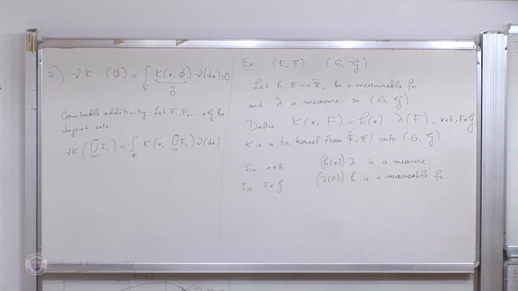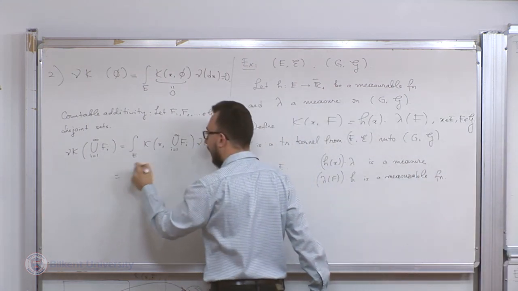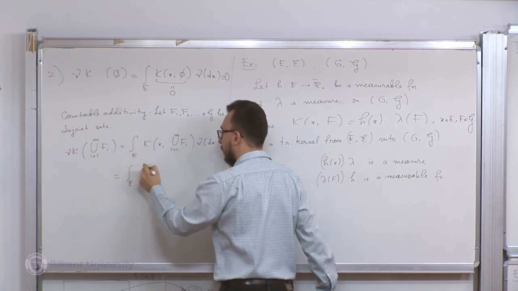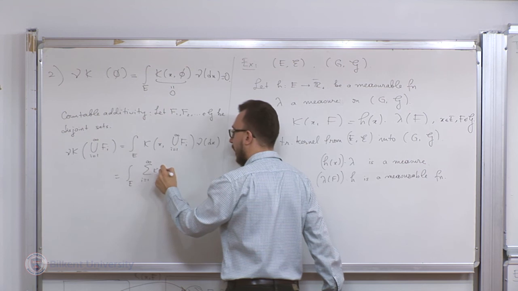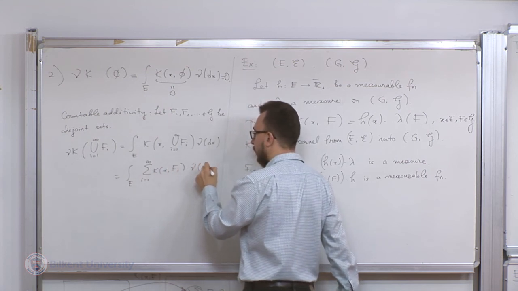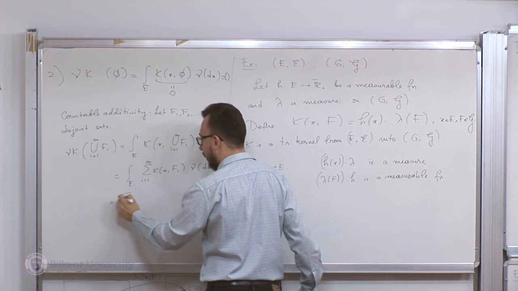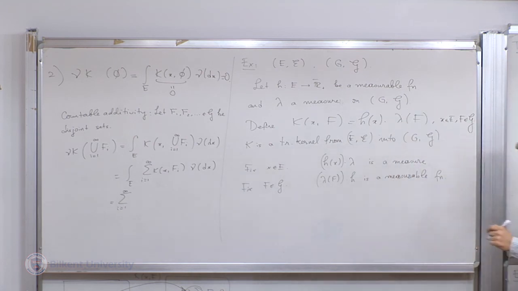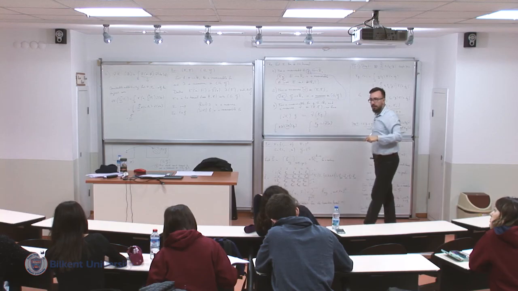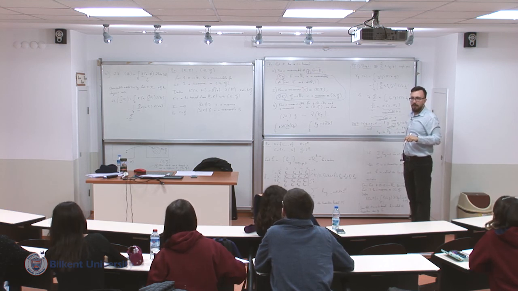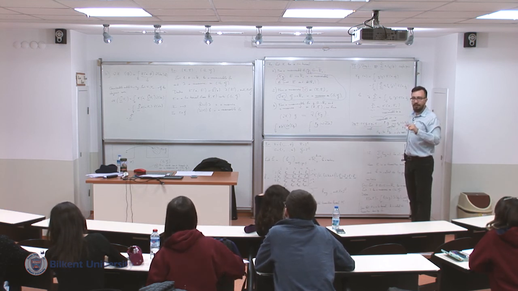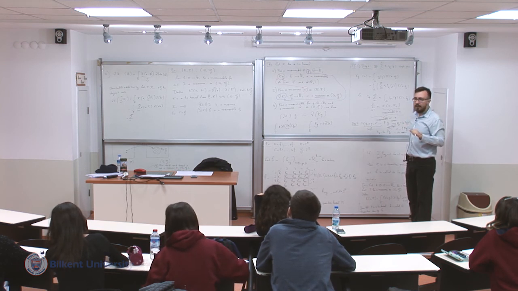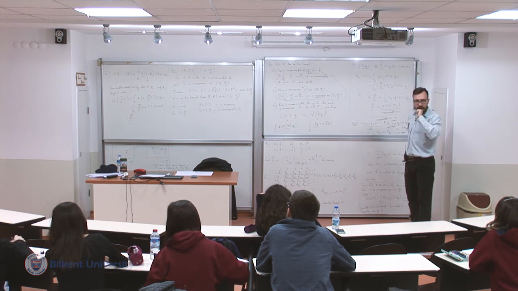Well, k, when you freeze x, it's a measure. So I can use the countable additivity of k itself. So this is equal to the sum over i from 1 to infinity of kx of fi, integrated with respect to nu dx. Then we can use linearity, no, not linearity, we have infinitely many things. What can we use if we have a series? Do you remember one of the convergence results dealing with series? The sum of infinitely many integrals is equal to the integral of the infinite sum.